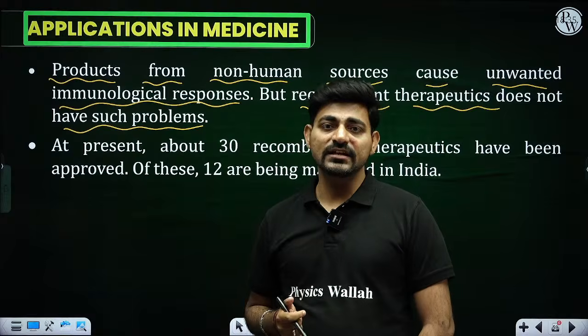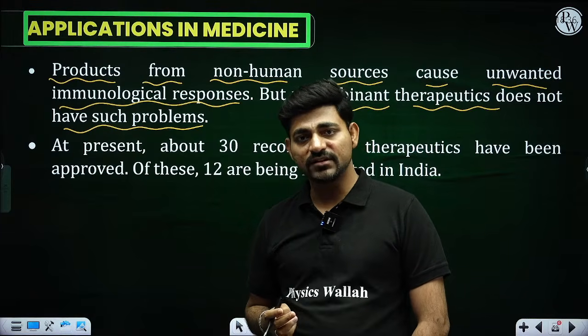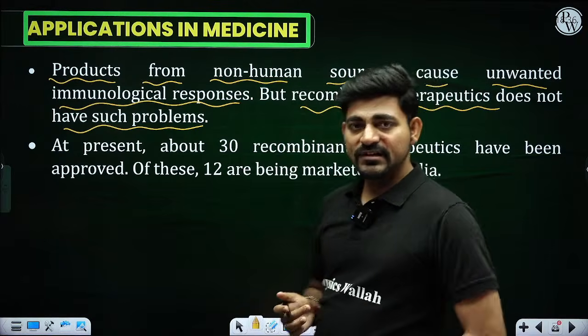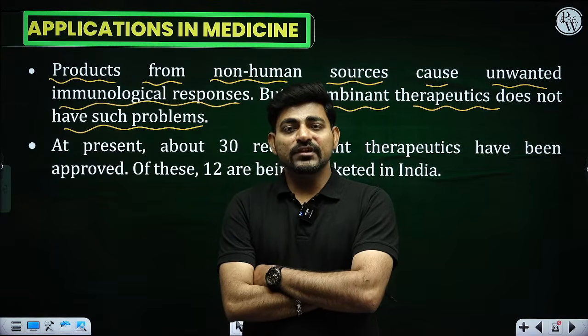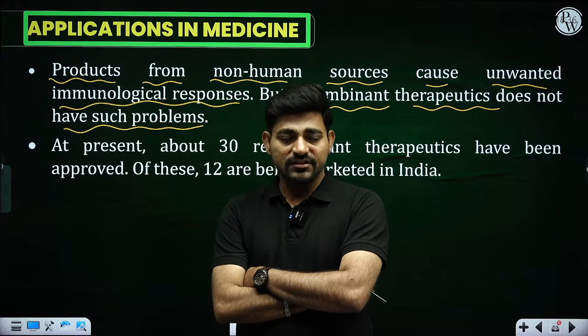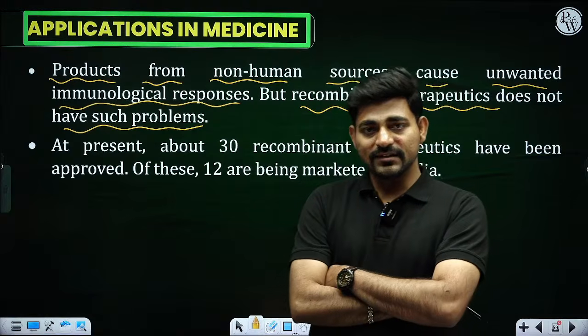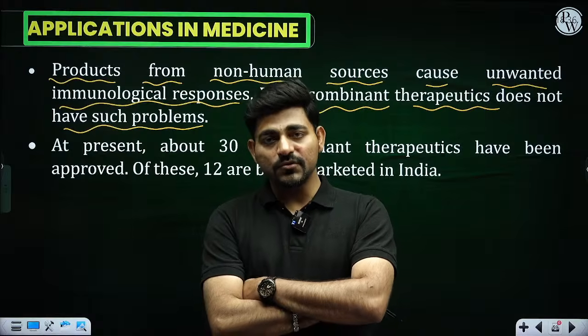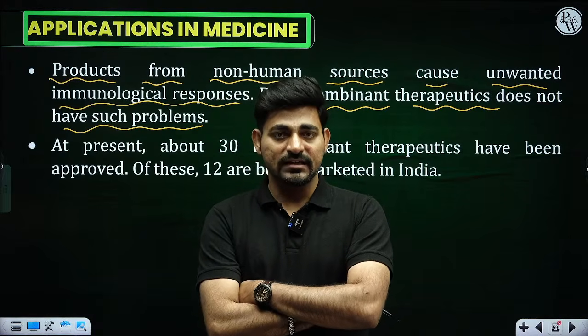Insulin injection is taken if someone is suffering from diabetes mellitus, right? Previously, the pharmaceutical industry used to isolate insulin from the pancreas of cattle, goat, horse, or some other animal.